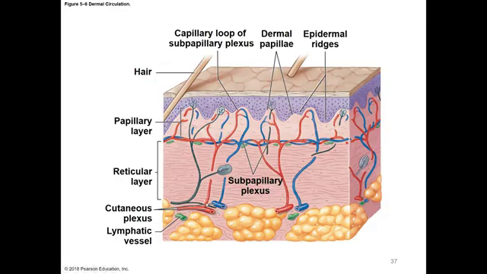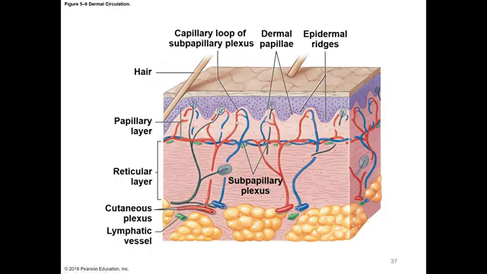Then you can see smaller branches coming off these large vessels, forming a subpapillary plexus, a smaller network of blood vessels closer to the epidermis. Then small capillary loops go right up to the edge of the epidermis and come back down again. All of these drain back down to the vein in the cutaneous plexus.